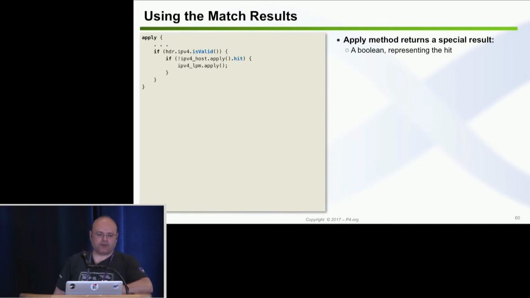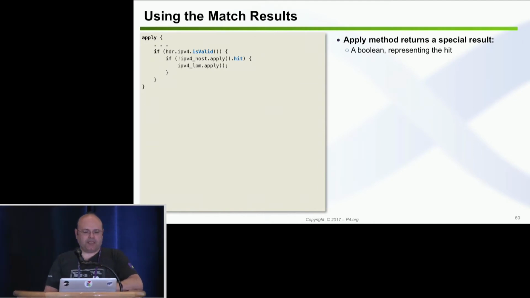So let's take a look, for example, at this piece of code. What I'm going to do here is apply the IPv4 host table first. And then the apply itself returns a kind of pseudo-structure. One of the fields there is called hit. So I'm saying if there was no hit, then I want to apply my LPM table.